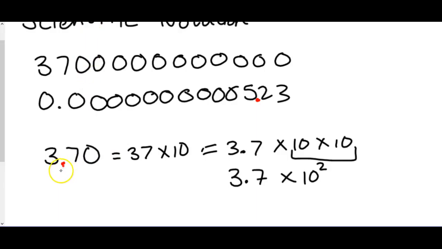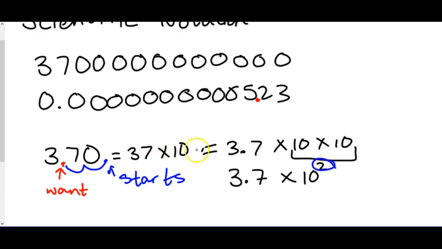Currently on 370, the decimal starts here. From where it starts to where we want it, we go 2 digits over. 1, 2 spaces. That's another way to get that number that goes as the exponent.